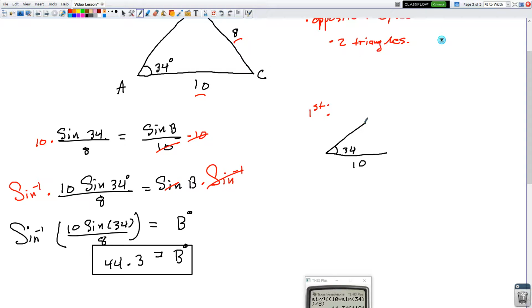Let's just extend this a little bit here. That's going to be about right here. Because we still have A right here, we still got B, and we still got C. And we know that angle B is around 44 degrees right here. So B is 44.3 degrees. So this is our first case. So we might have a triangle that will look like this, where we have 34, 10, and this is still 8.